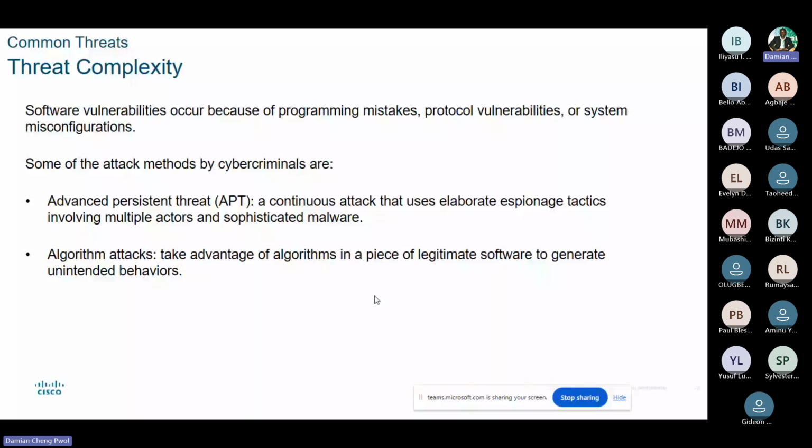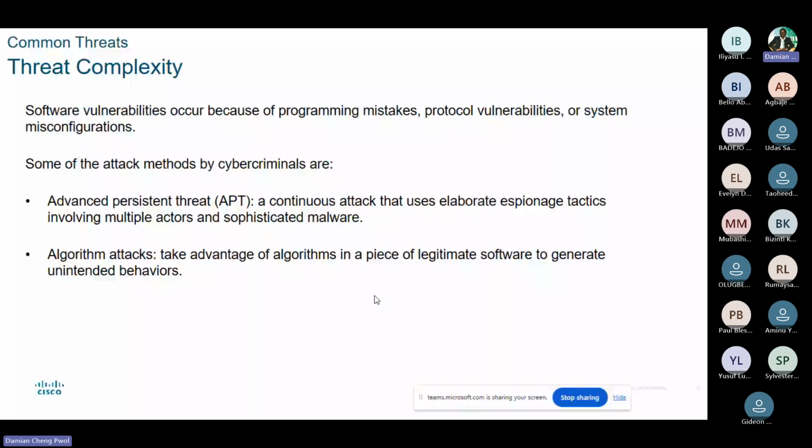Those are examples of espionage tactics. You could also have Russia attacking the US or the US attacking Russia and so on. So these are usually common at that level. Algorithm attacks take advantage of algorithms in a piece of legitimate software to generate unintended behaviors. So these are threat complexity.